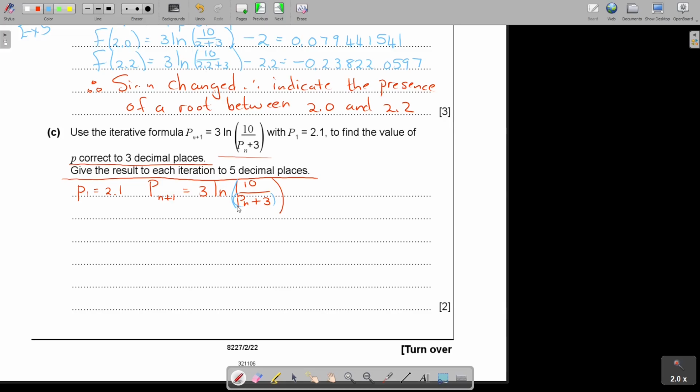And then I say, okay, I start now. So p2 is going to be 2.06700, and that's to 5 decimal places, very important.